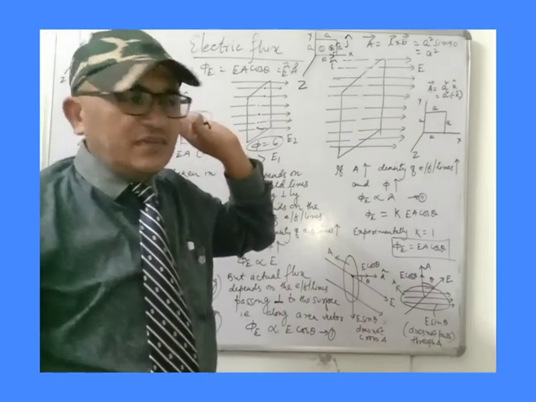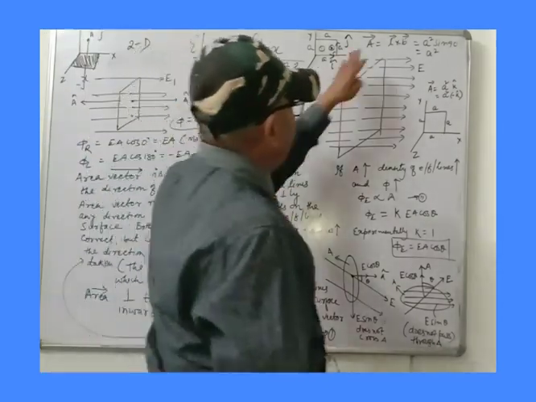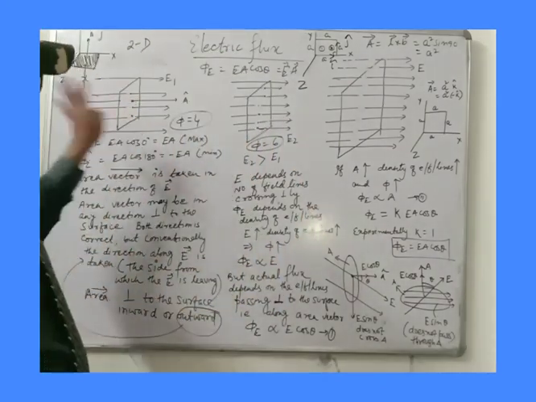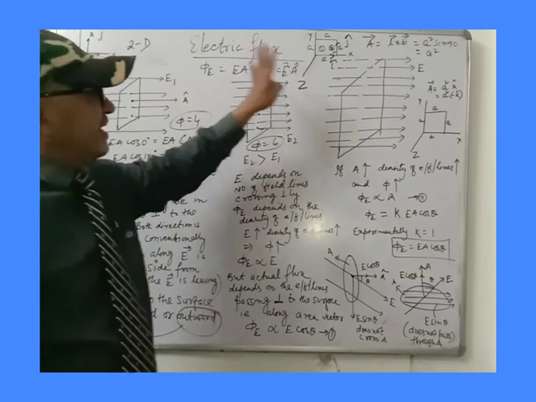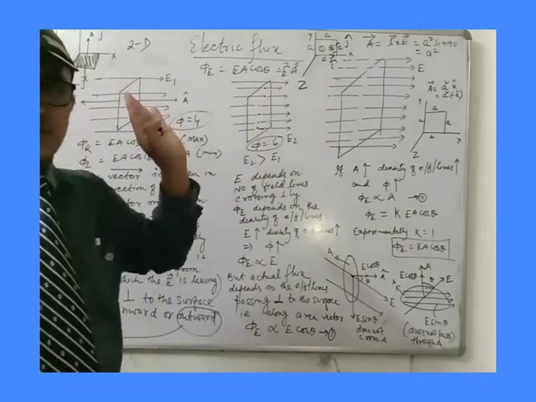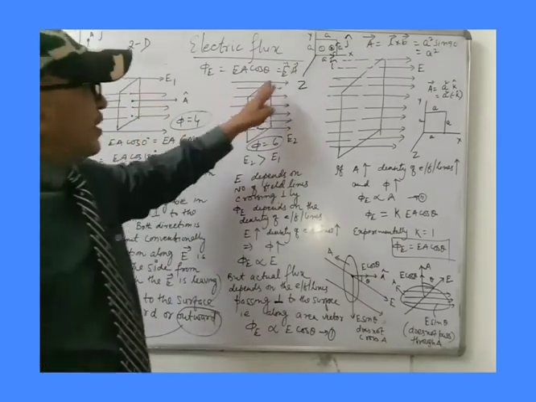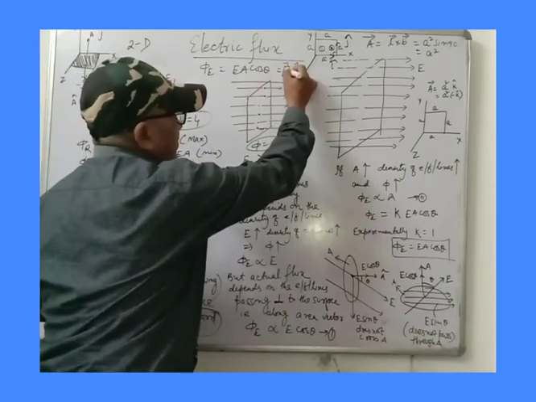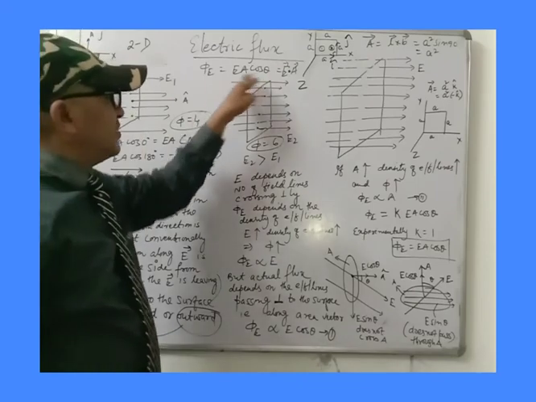Did I make it clear? Okay. So area is a vector quantity. So we have to take the area vector whenever we find flux, and we have to find the dot product of the electric field and the area vector, whose magnitude is EA cos theta.